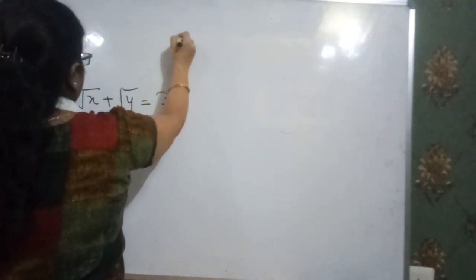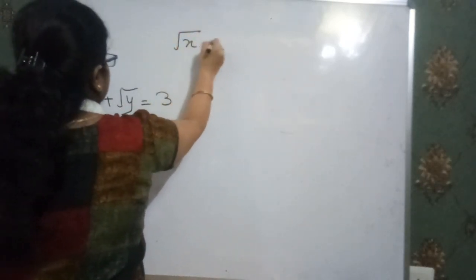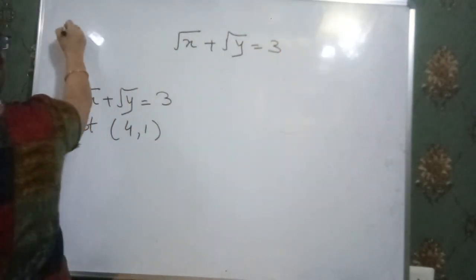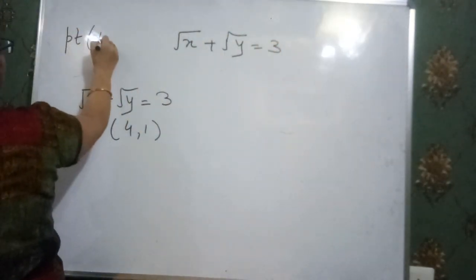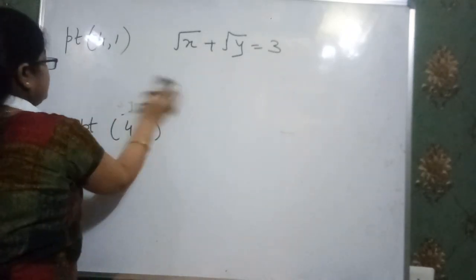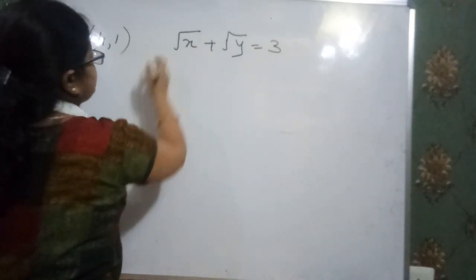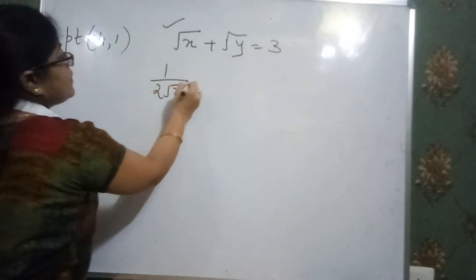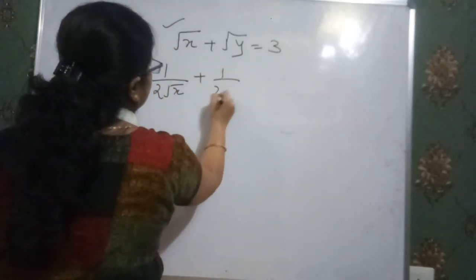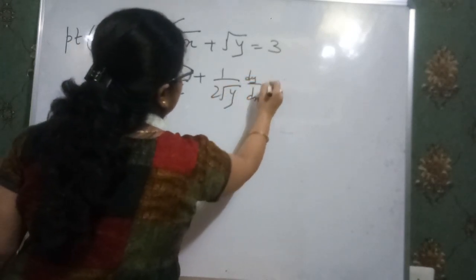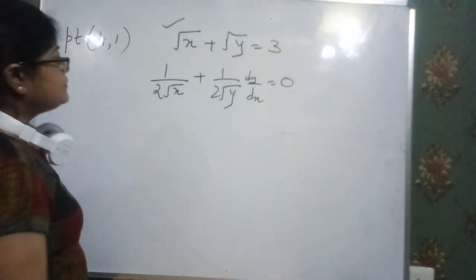So we have under root x plus under root y is equal to 3 and I have the point 4, 1. Now just watch on the screen. Just differentiate the curve. We have 1 over 2 under root x. Here I have 1 over 2 under root y dy by dx is equal to 0. Clear?